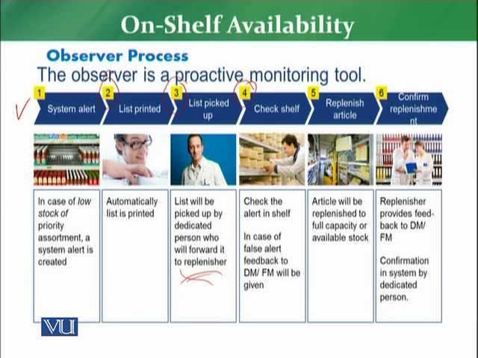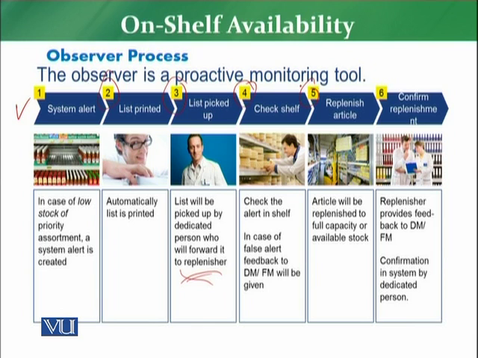Then you have to check the shelf. If the products are already available on the shelf, it was a false alert from the system, so you can make corrections immediately. Or if the alert is right, you have checked the shelf and improved your shelf availability.